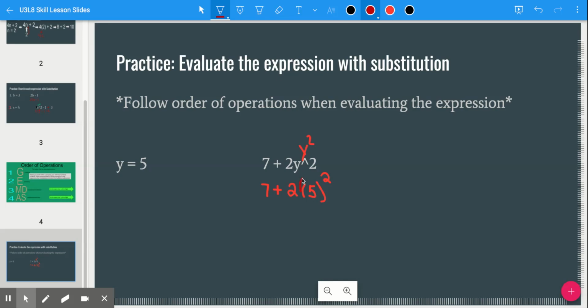So I'll just circle right here what I'm working on. So we have 7 plus 2 times 5 squared is 25.